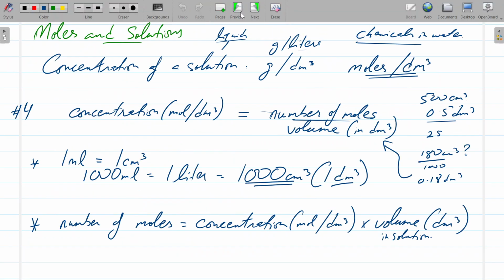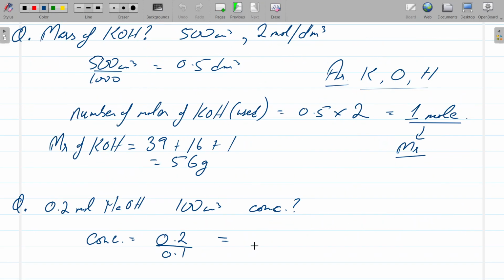So number of moles divided by volume, and that is 2 moles per, so this is mole and this is dm cube, so you get mole per dm cube. Now it's simple, right? How did I get 0.1? 100 divided by 1000.